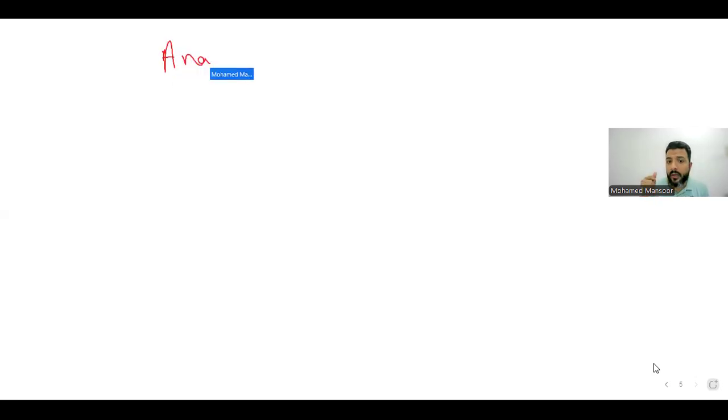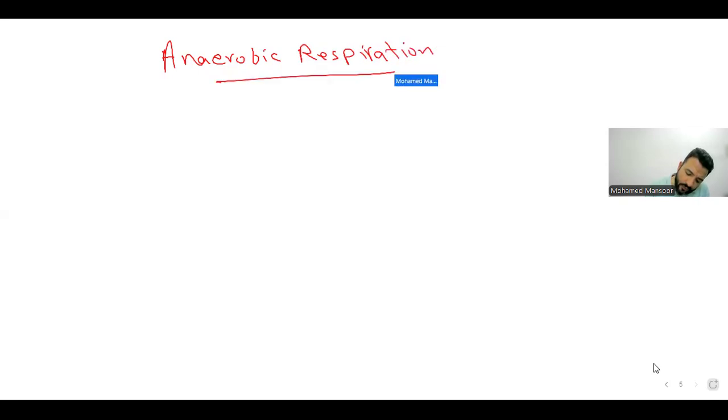Remember, aerobic respiration means a process of releasing ATP by using the oxygen in the process, right? Anaerobic respiration, sometimes they call it fermentation, is making ATP in the absence of oxygen.